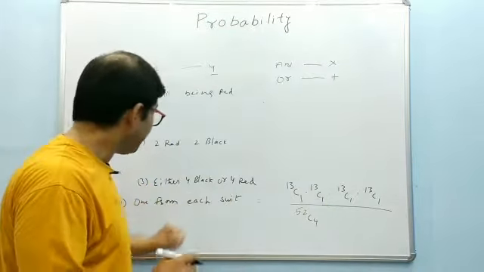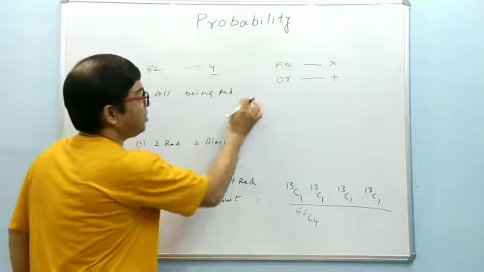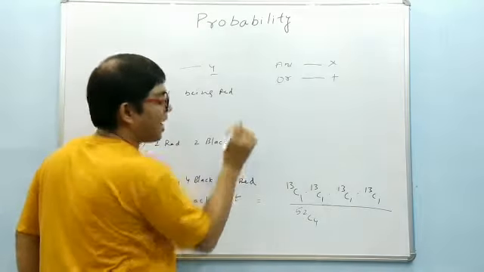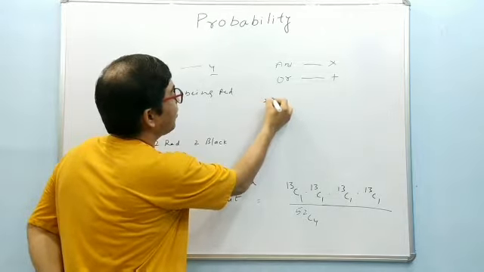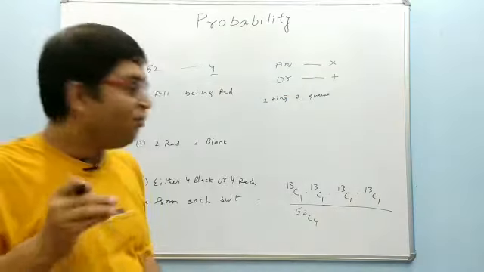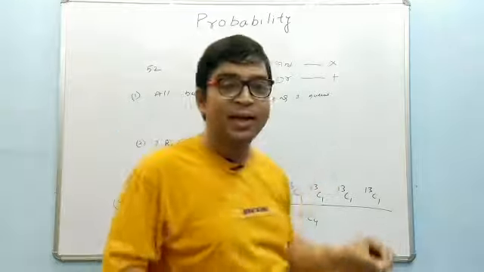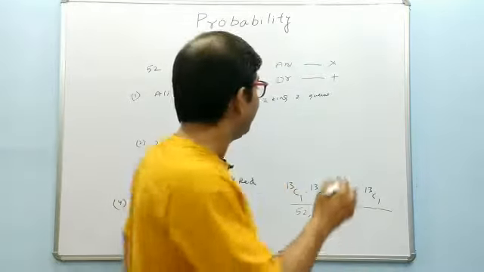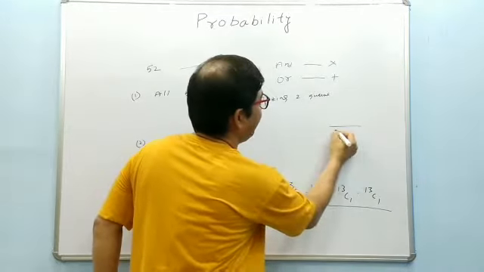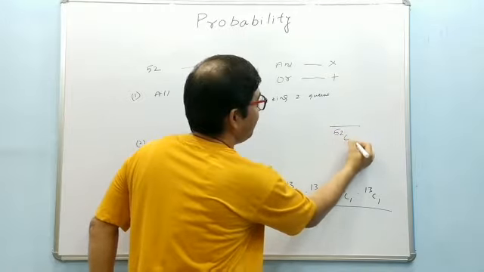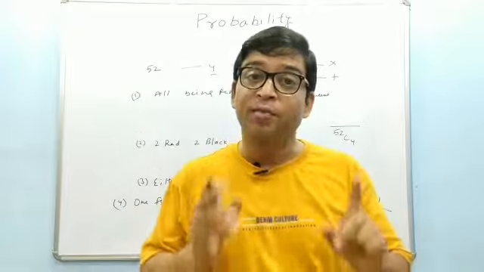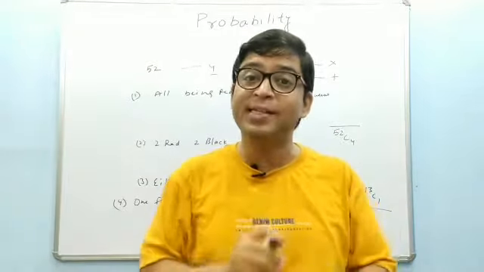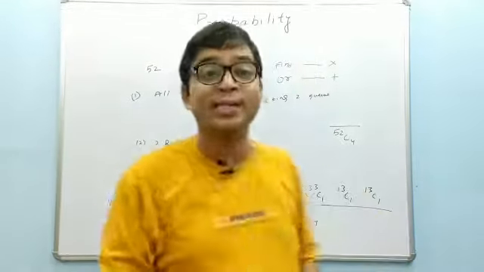Suppose in the next question I am writing: 4 cards are selected and 2 kings and 2 queens. We have to select 2 kings and 2 queens. Total outcome remains the same, that is 52C4. 2 kings, how many kings are there in total? We know that in each suit 1 king is there, so in total 4 kings are there.